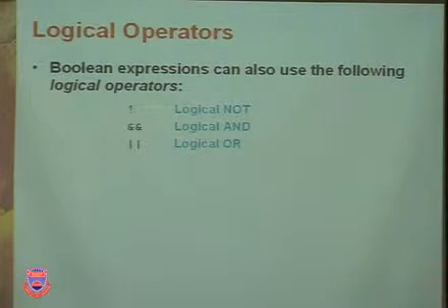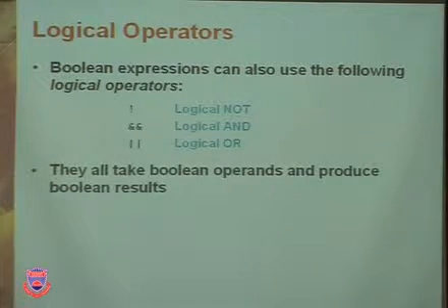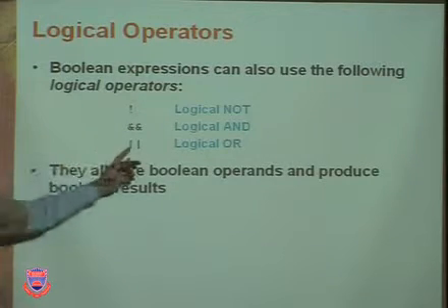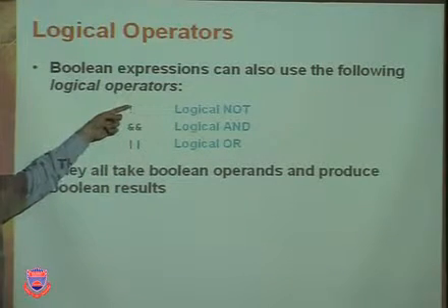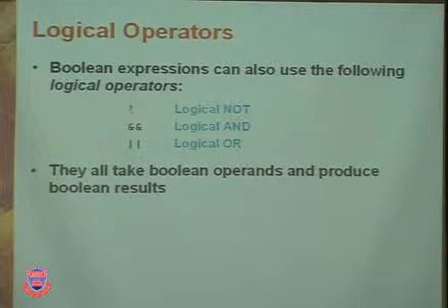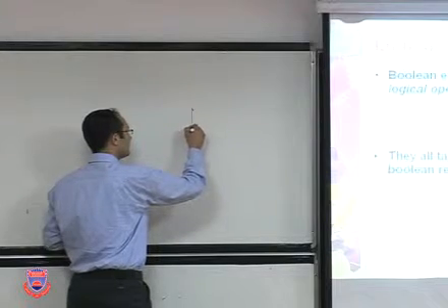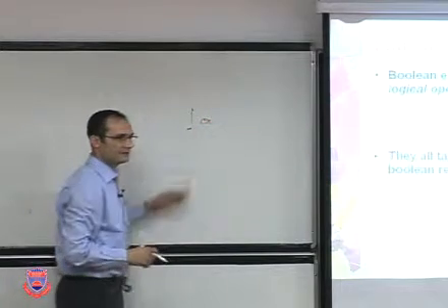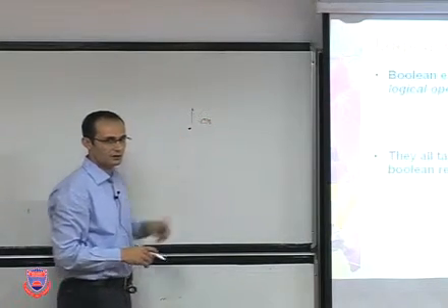Logical operators, if you recall, we had the logical not, logical and, logical or. Not is a unary operator, meaning that you have only one argument to your operation. So as in the example, let's say I have a boolean variable a, then I will have not a, as given like this. That's why it's unary, so there's only one argument to it.